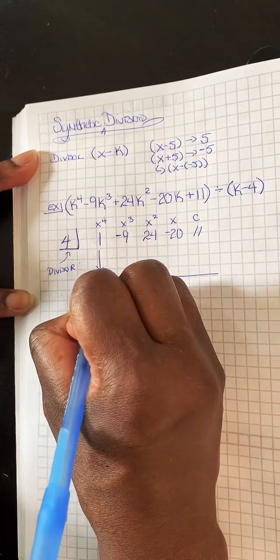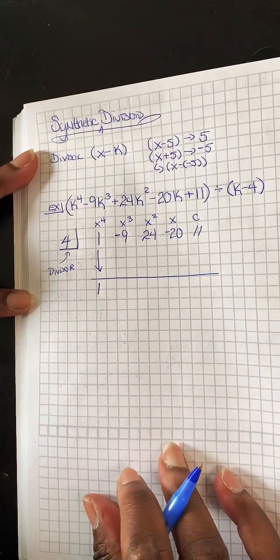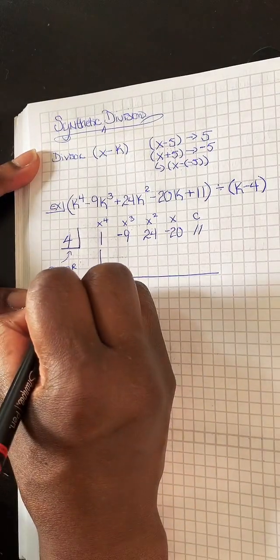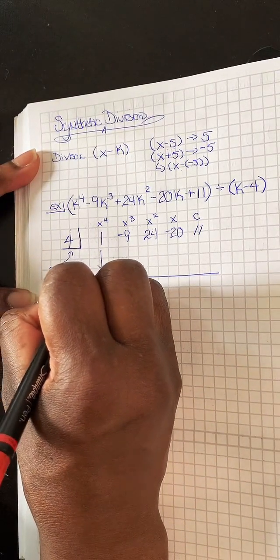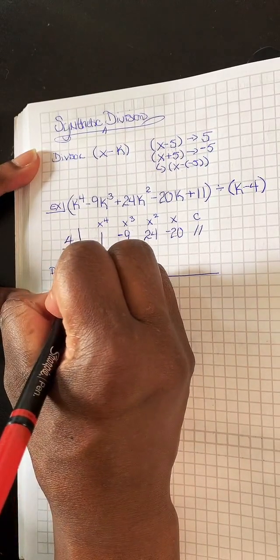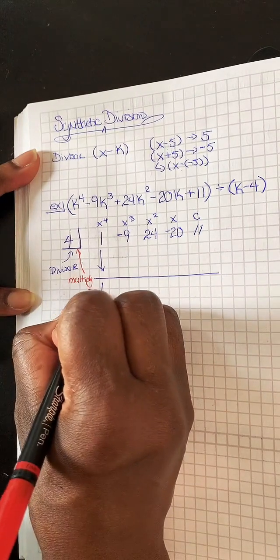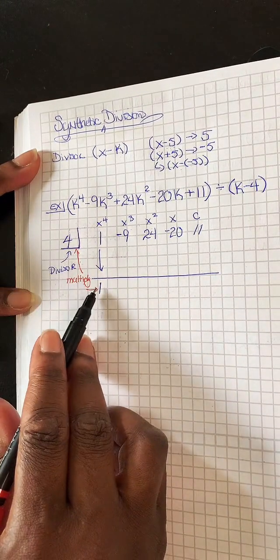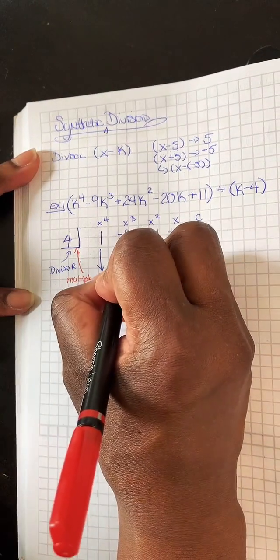Okay, so the first term always comes all the way down. So now here, what we're going to do, we are going to multiply the divisor with the term that you have below. So 4 times 1, that gives me 4.